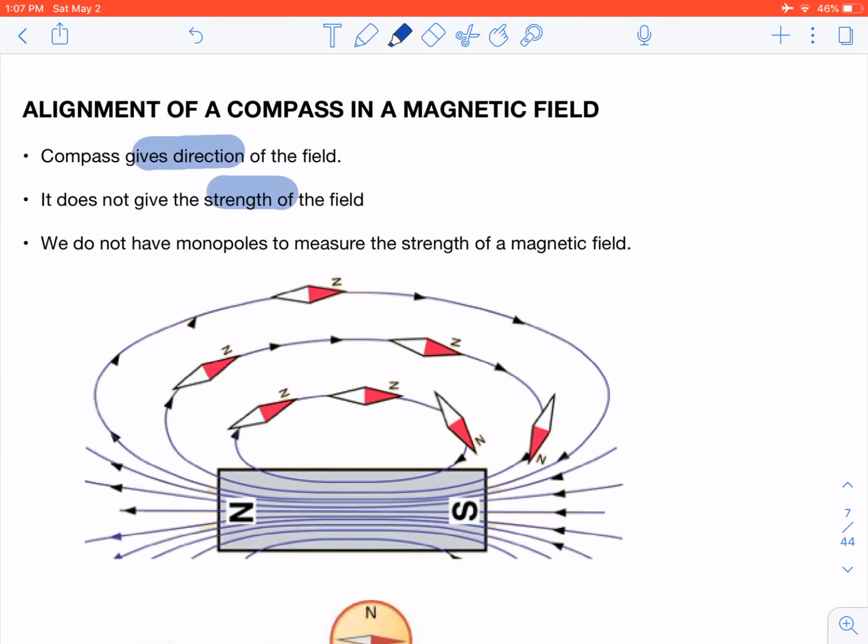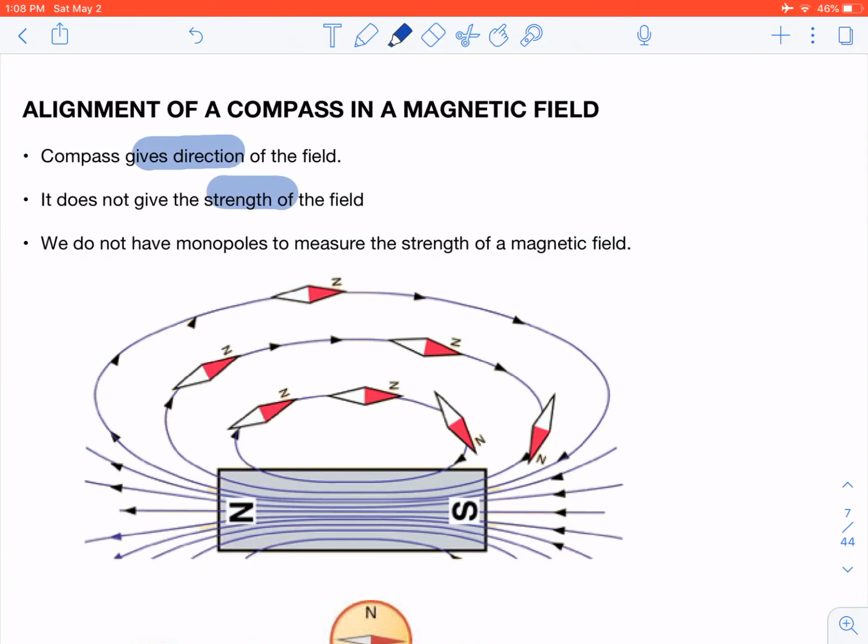So we cannot use it to measure the strength of the magnetic field. The magnetic field strength is actually determined by a charge moving through a magnetic field, but that falls outside the scope of this particular course at the moment.